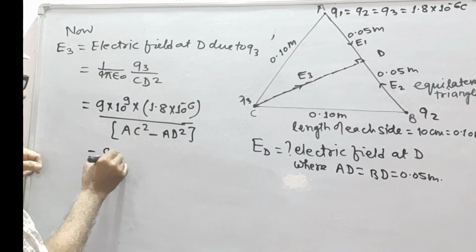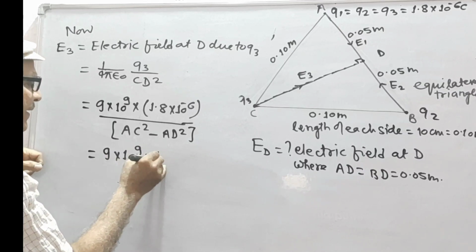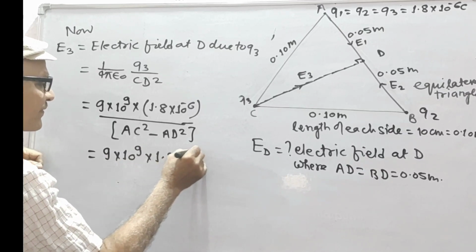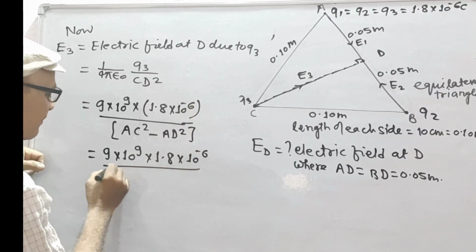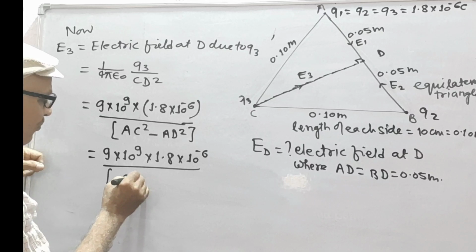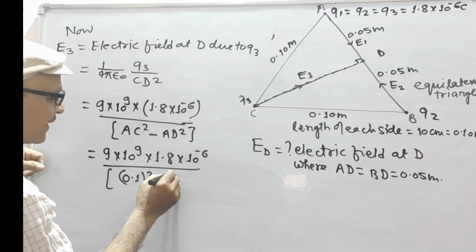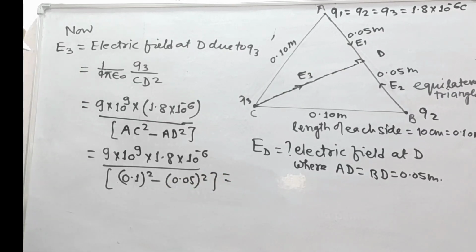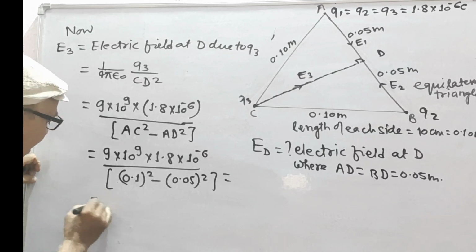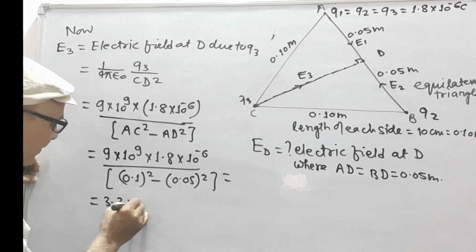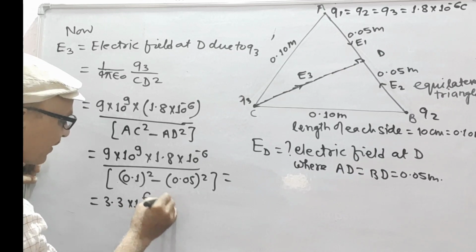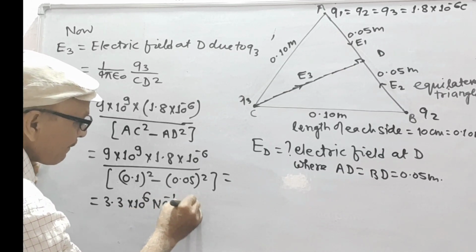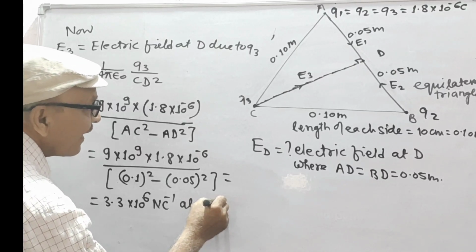So it is 9 into 10 to power 9 into 1.8 into 10 to minus 6 divided by AC, which is 0.1, AC square minus AD, which is 0.05 square. On simplification we get E3 as 3.3 into 10 to power 6 Newton per Coulomb along CD.